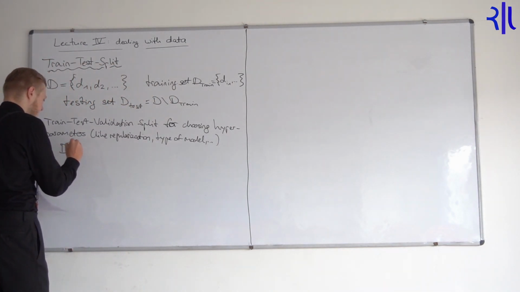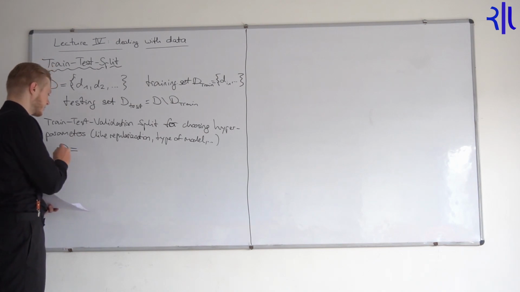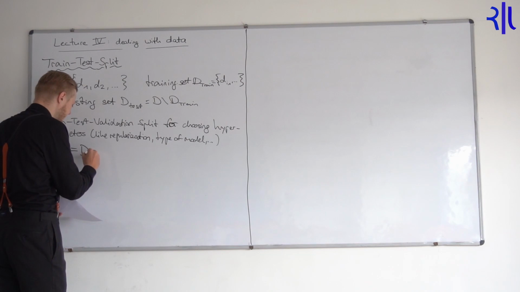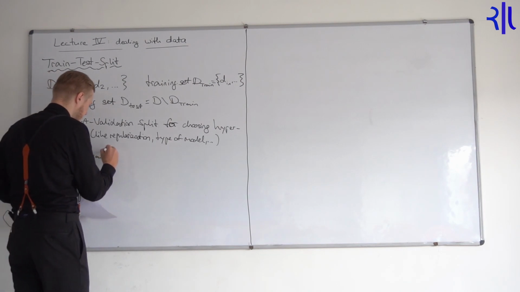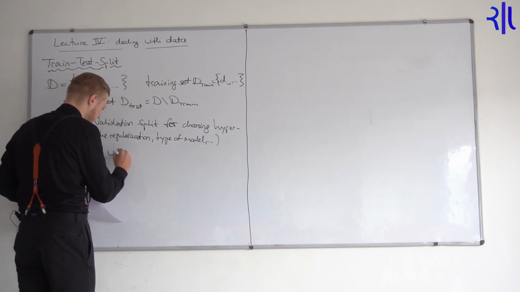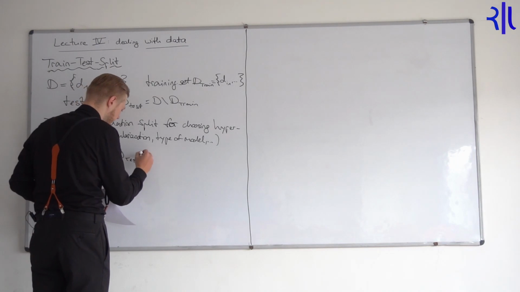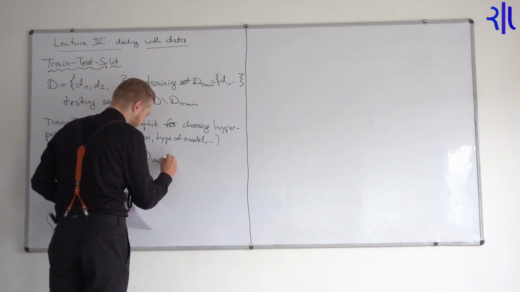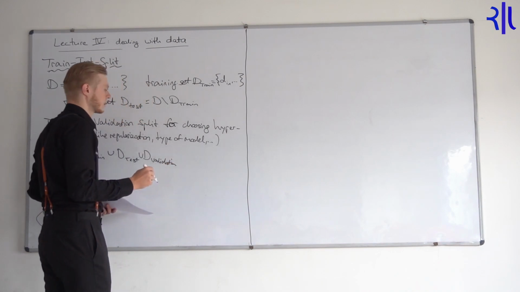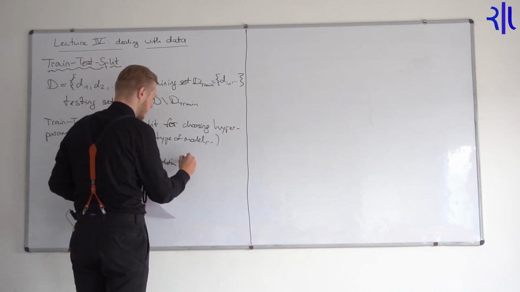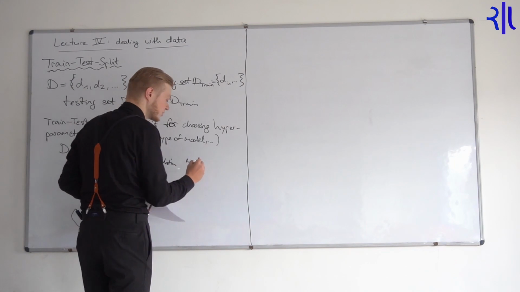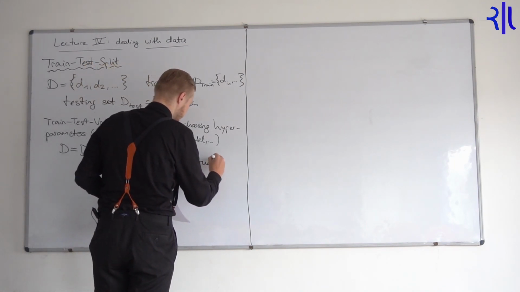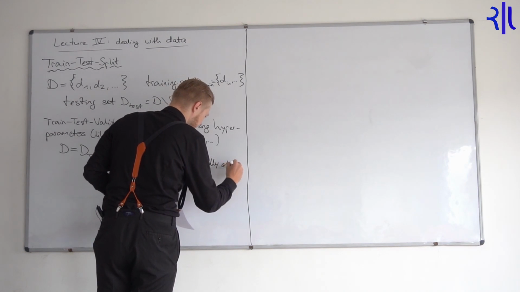And for that, you basically say the data you got is split in training data, testing data, and validation data, where the training, testing, and validation data sets are mutually disjoint.